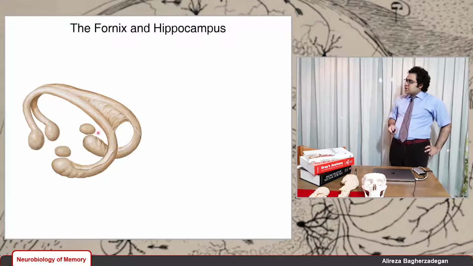So we have the columns of the fornix, then we have the body of the fornix. This triangle here is just the commissure of the fornix, connecting the two fornix structures of the two hemispheres. And then we have the leg or the crus of the fornix, and then we have the fimbria. This part is the fimbria of the fornix.